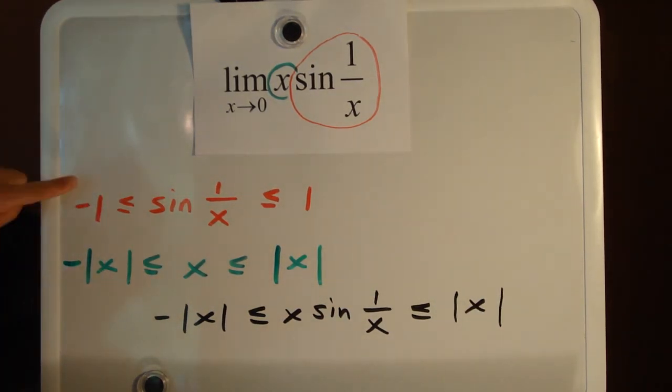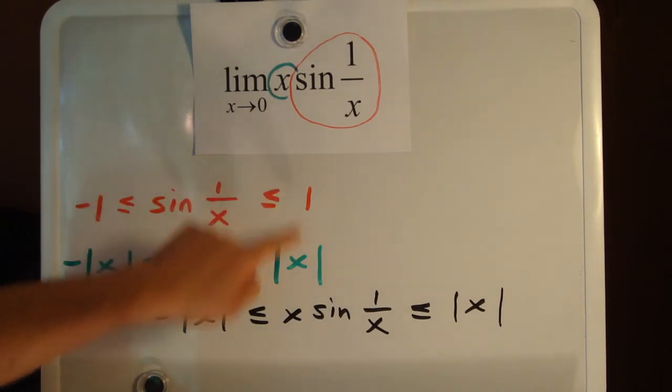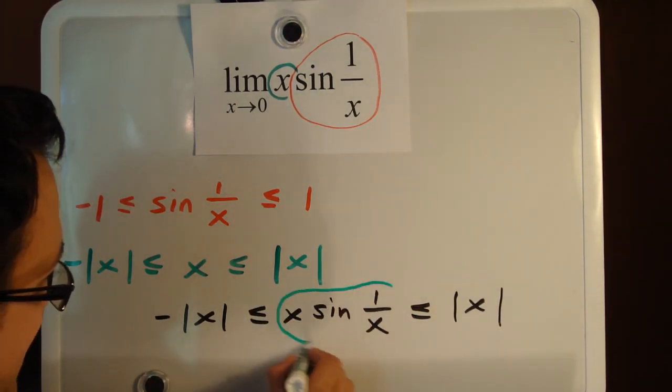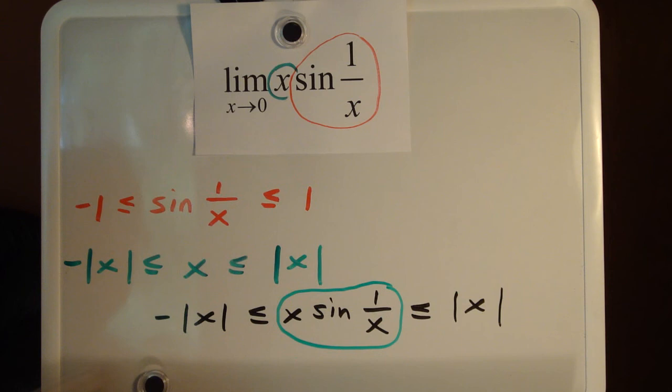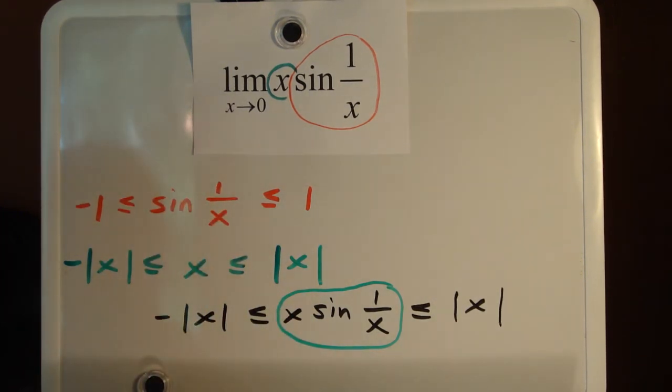We're going to keep the negative sign on the left-hand side, do some multiplication here, and then here we have absolute value of x. Notice the main objective of this is we're getting the function that we're trying to examine in the problem as our middle function in the squeeze theorem. What we want to do with this function is to determine what happens to it as x goes to 0.